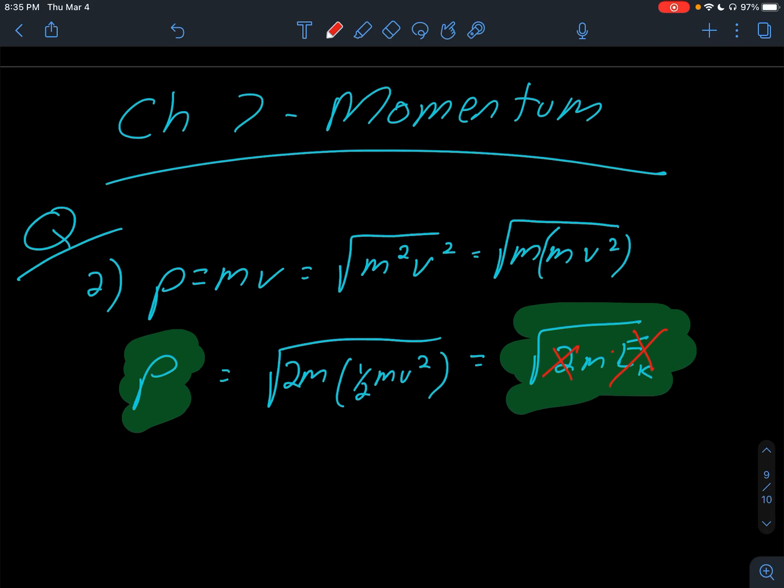So really it's just going to be proportional to the square root of m. So whichever object has a greater mass, that's going to result in a greater momentum, just because it's proportional to the square root of whatever that mass is. So I hope that was a little bit more helpful than just looking at the solutions and seeing what was going on.